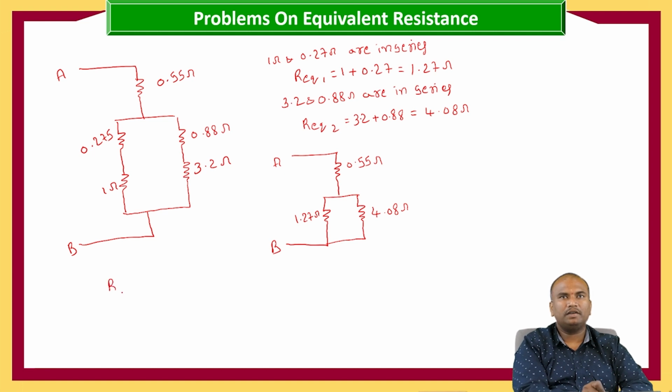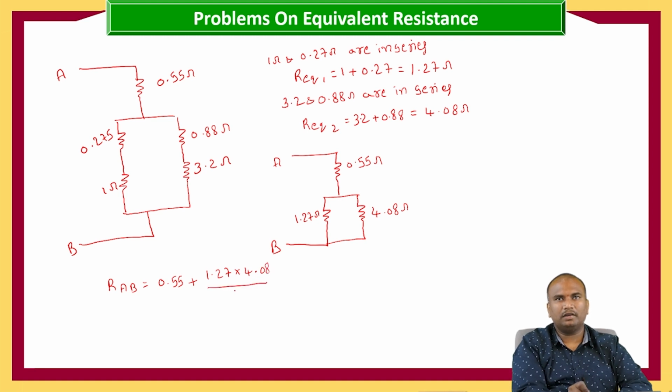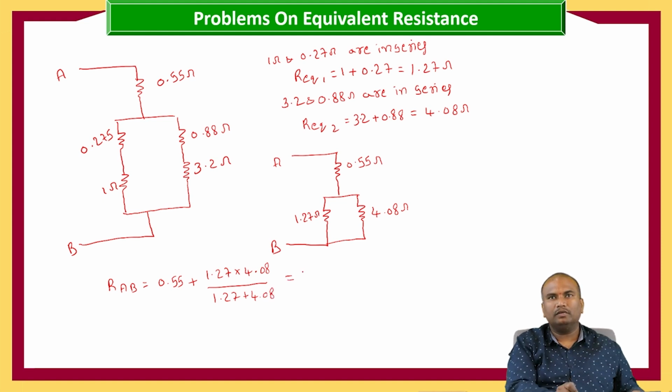Now RAB is equals to 0.55 plus 1.27 into 4.08 divided by 1.27 plus 4.08, which is equal to 1.465 ohms.